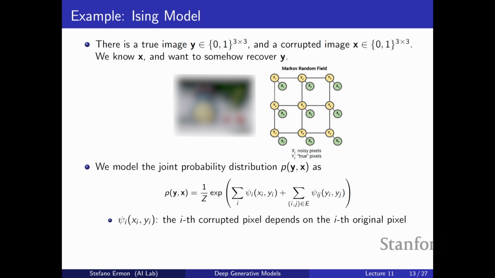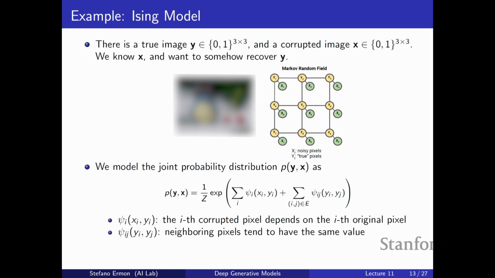And this function is basically saying that there is some relationship between the ith corrupted pixel and the ith clean pixel. For example, they should be fairly similar. So whenever you plug in xi and yi, configurations where xi is similar to yi should be more likely, because we expect the corrupted pixel to be more likely to be similar to the clean pixel than to be very different from it.